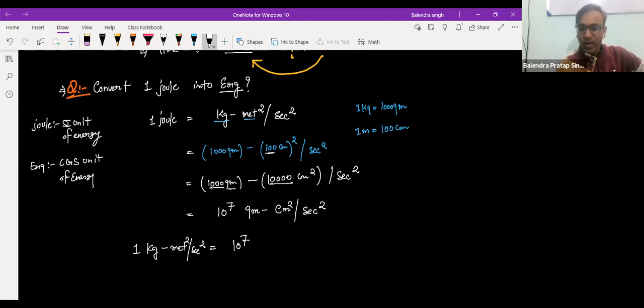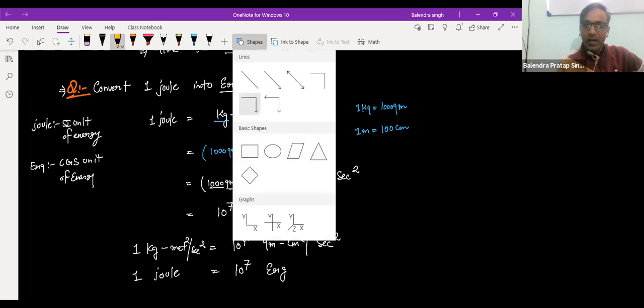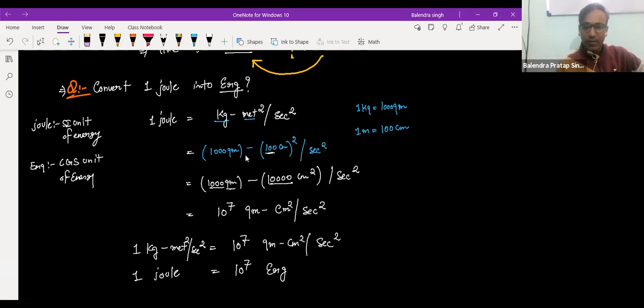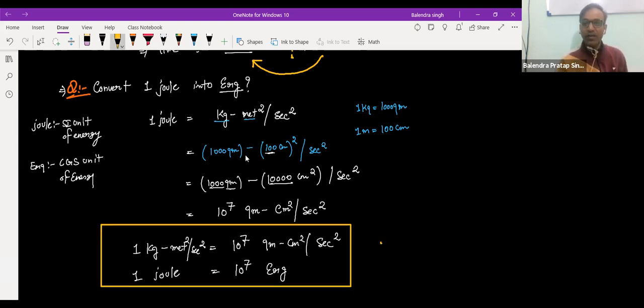This is the SI unit and this is CGS, gram centimeter square per second square. So 1 joule is basically equal to 10 raised to the power 7 erg. So this is our result, and I can box it. This is the conversion of 1 joule into erg.